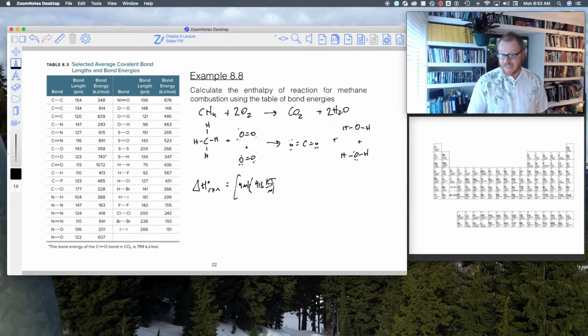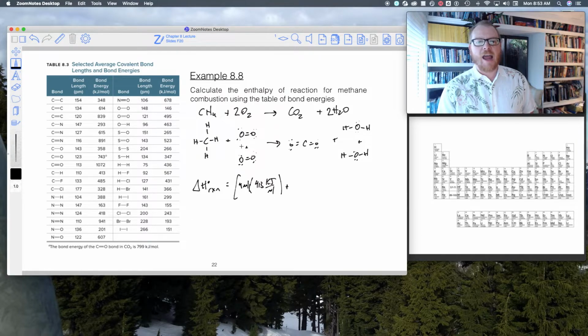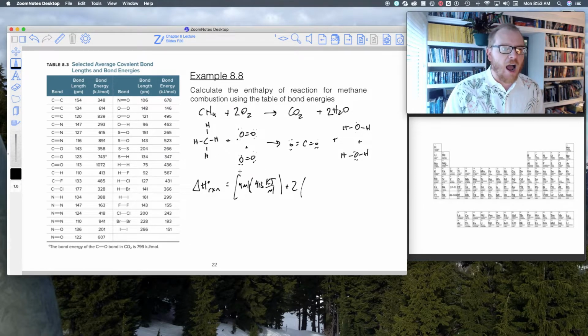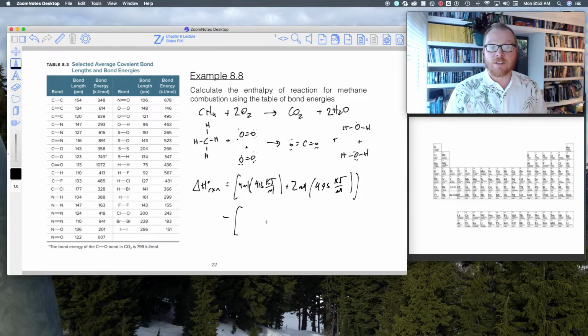The mole is going to cancel. Now that's plus 2 oxygen-oxygen double bonds. This is why we have to get the right Lewis structure, because on this chart I've got an oxygen-oxygen single bond, but we really need the oxygen-oxygen double bond. That's at 495, so 2 moles times 495 kilojoules per mole. That's the sum of my bonds broken.